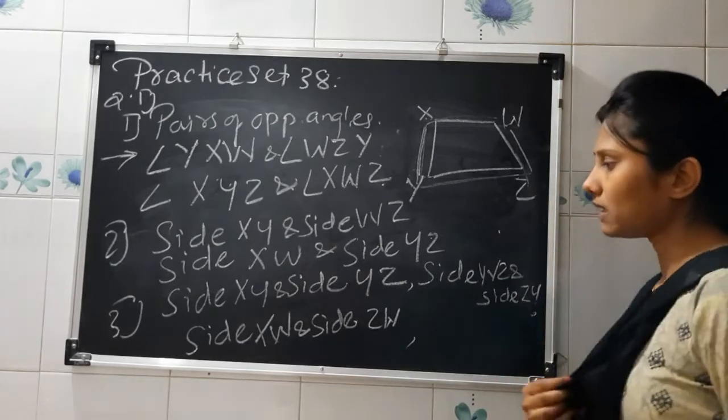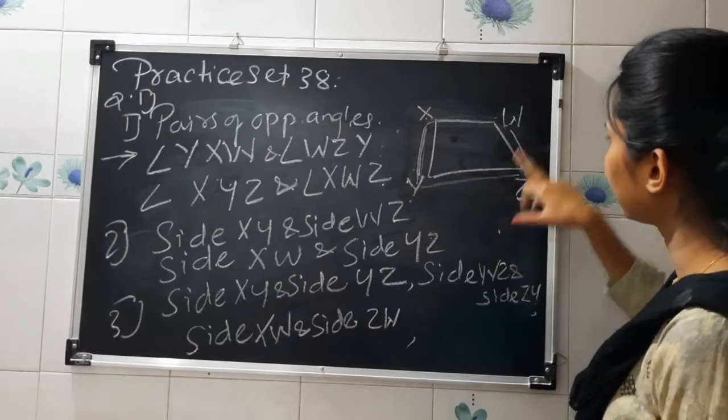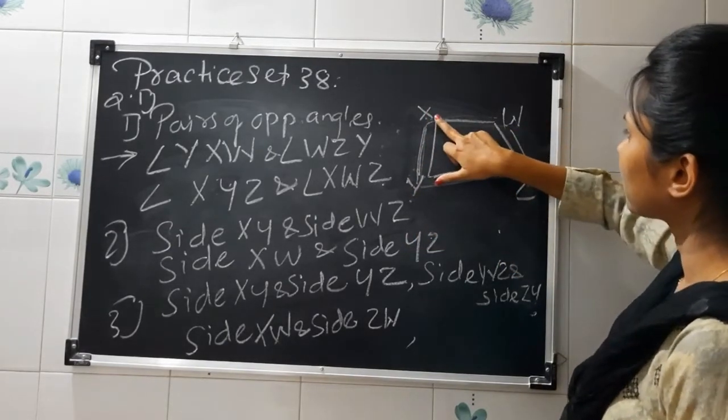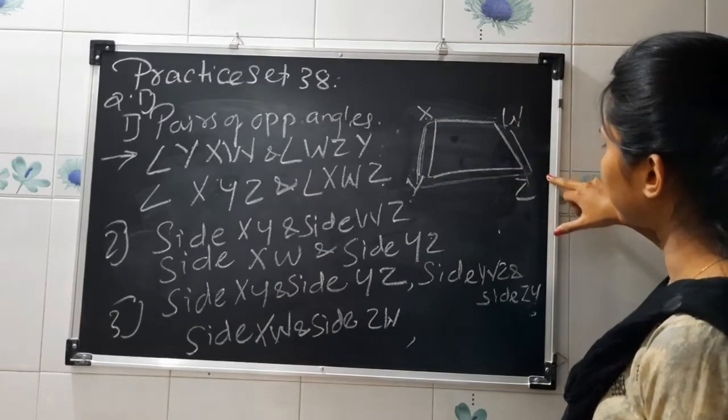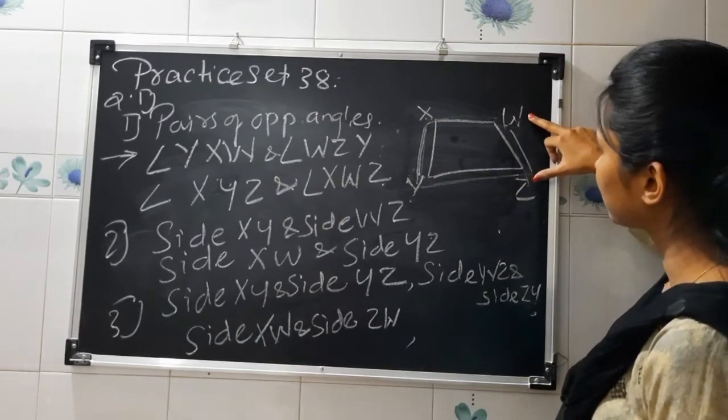So there are many adjacent sides: XY, YZ, then XW, WZ, then YZ, ZW.